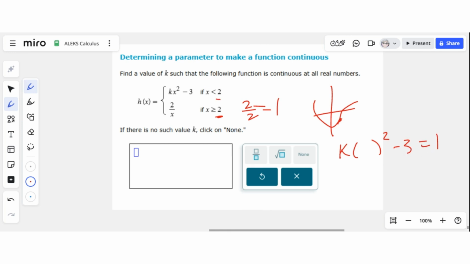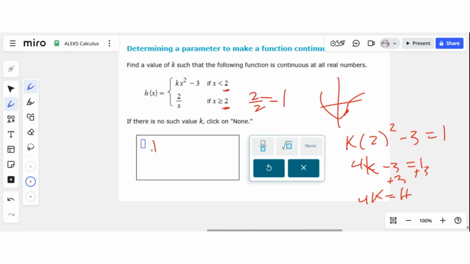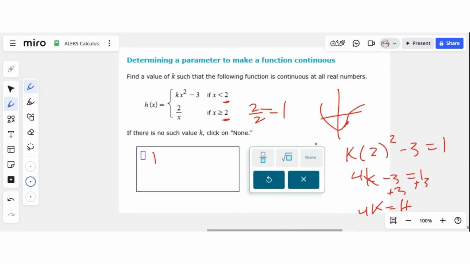And x is where we're evaluating this at 2. So 2 squared is 4. So this is 4k minus 3 equals 1. And we can add 3 to both sides. So 4k equals 4. So k is actually going to equal 1 here. So that's a little bit of work with trying to make a piecewise function continuous.